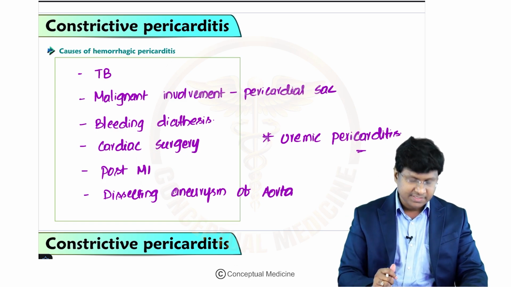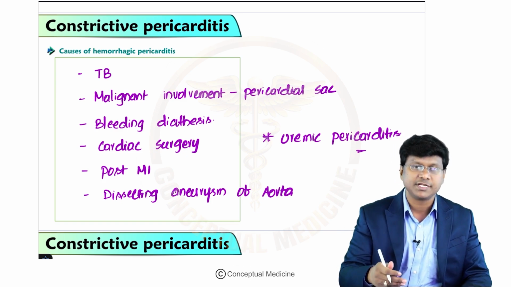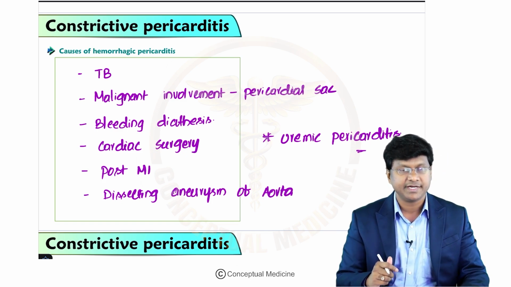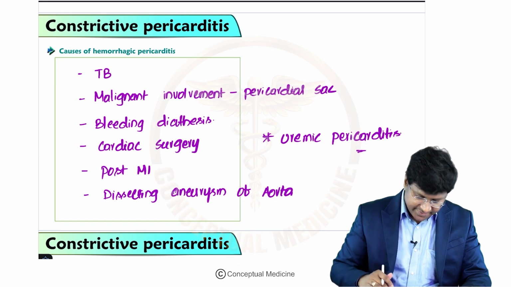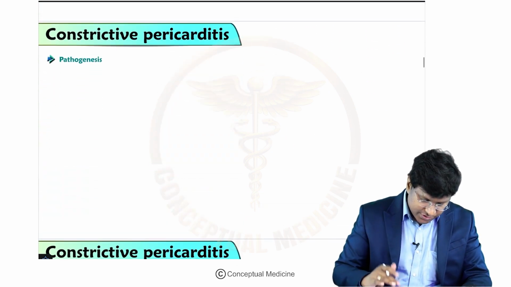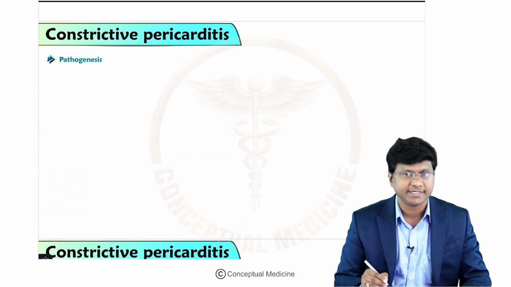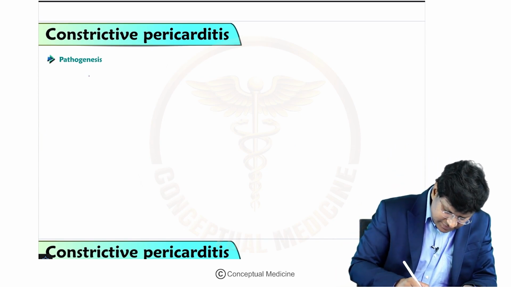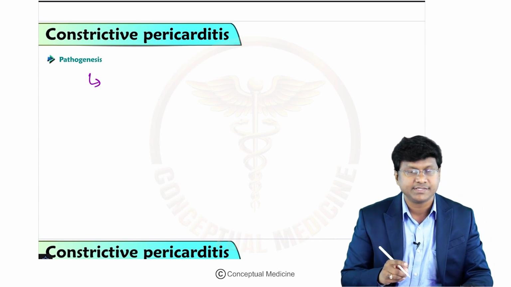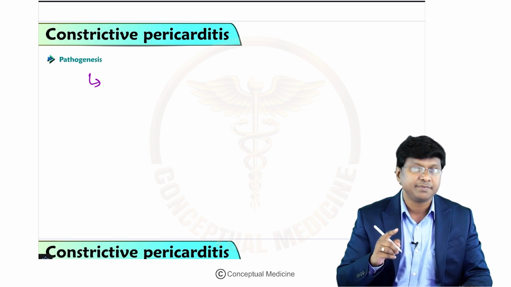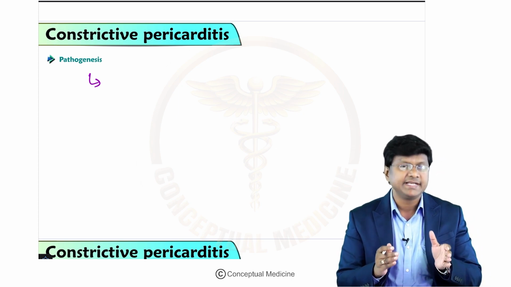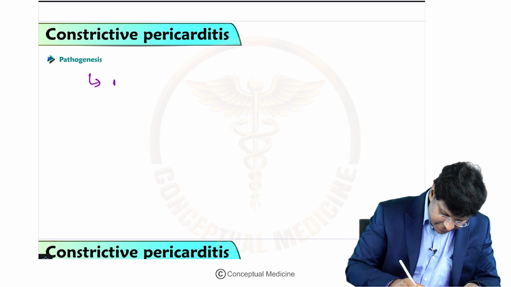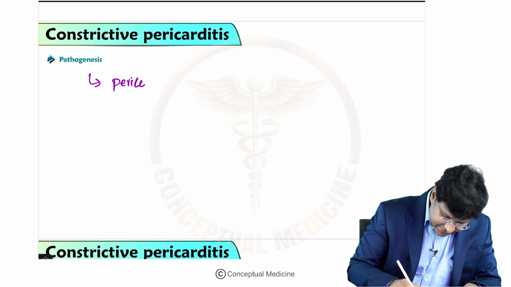Now, after having discussed the various etiologies which cause constrictive pericarditis, hemorrhagic pericarditis and effusive pericarditis, let me discuss the pathogenesis of constrictive pericarditis. In patients with constrictive pericarditis, the pericardium is calcified and thickened.